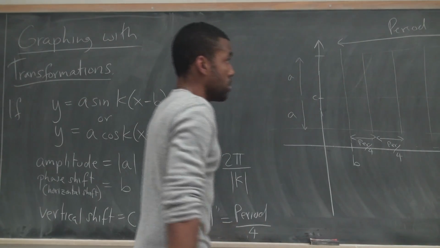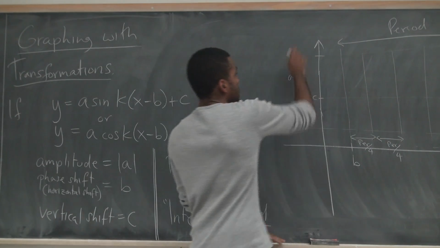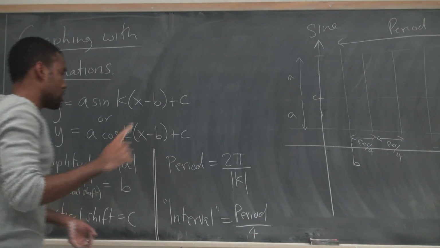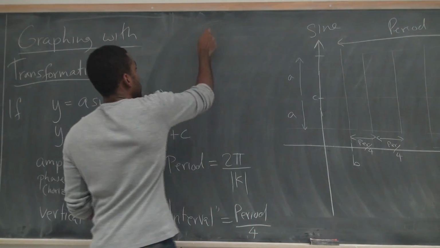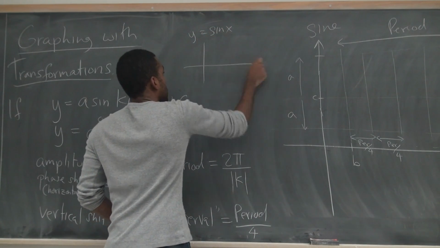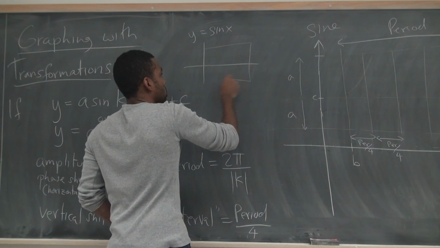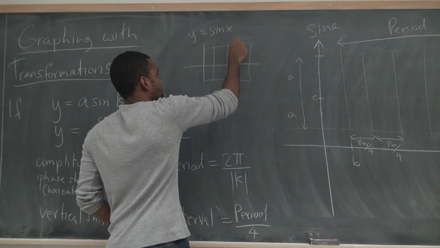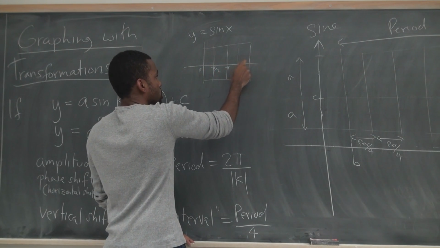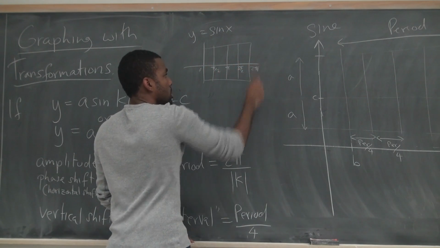So basically, if you want to graph a sine, you have to remember how the sine function behaves. I did tell you about the graph of sine before. It turns out you can think of sine in 4 sections. This is 0, pi over 2, pi, 3 pi over 2, 2 pi.